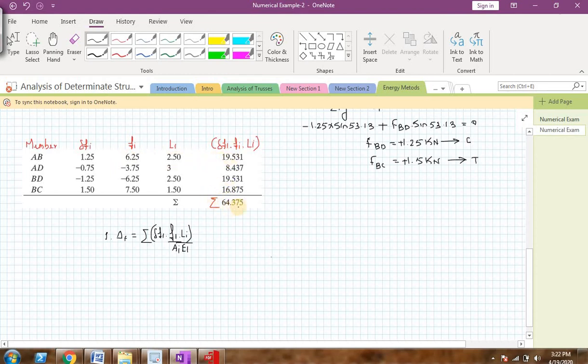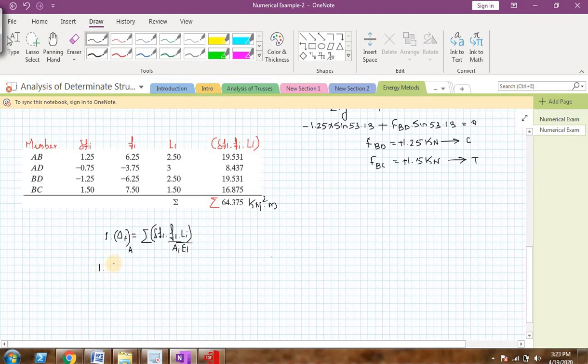Now I have made the summation of that, so I am getting this as 64.375, and its unit will actually be kilonewton square times meter. So I know this equation, that is 1 times delta F, that is delta F at A in our case, the vertical deflection at A, equal to summation of delta Fi times Fi times Li divided by A and E. So let me just substitute them here.